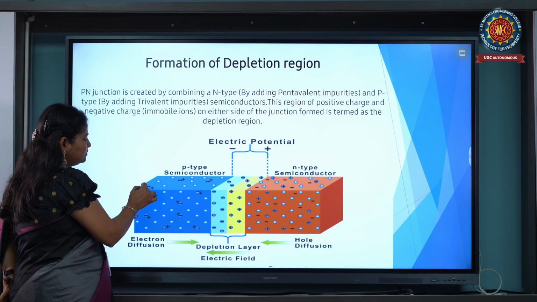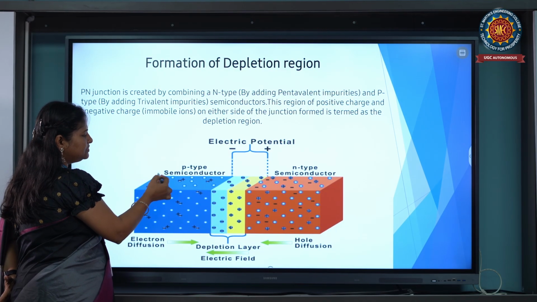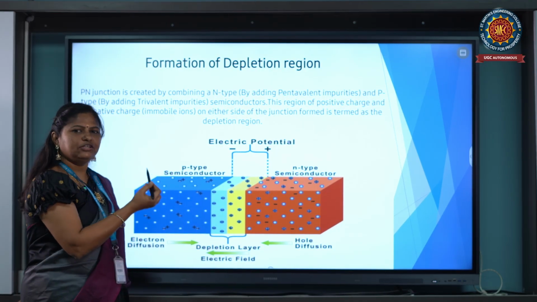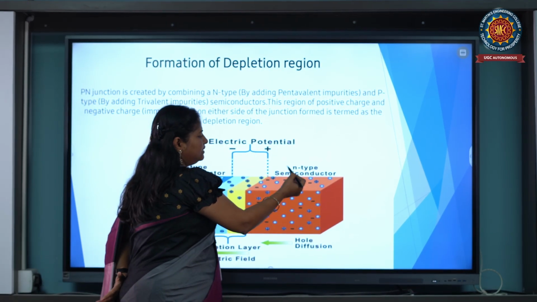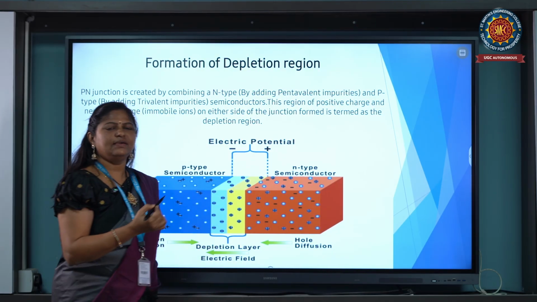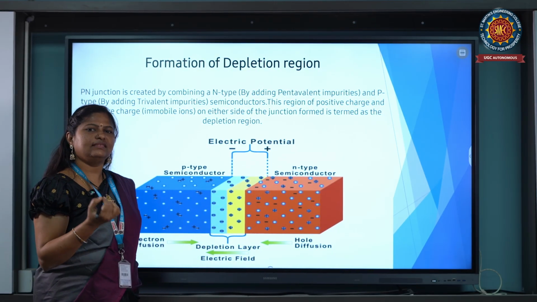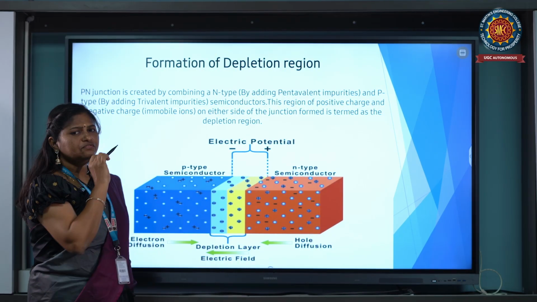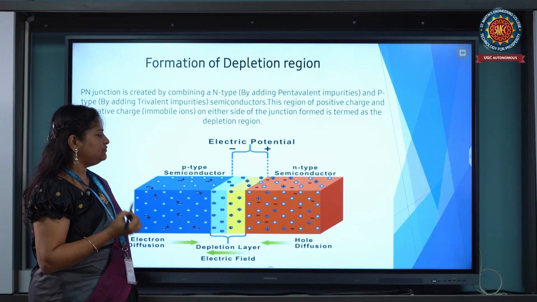The negative charges encircled are acceptor ions, the trivalent impurities. The positive charges encircled are donor atoms, the pentavalent impurities. Whenever we join them together, diffusion takes place. What does diffusion mean?